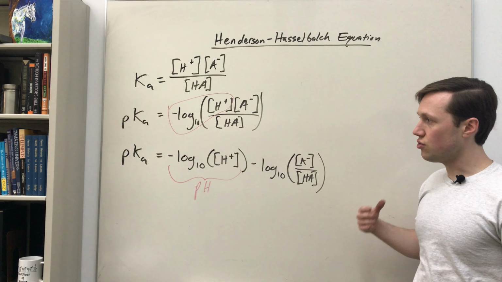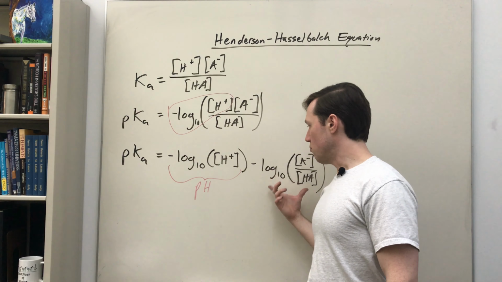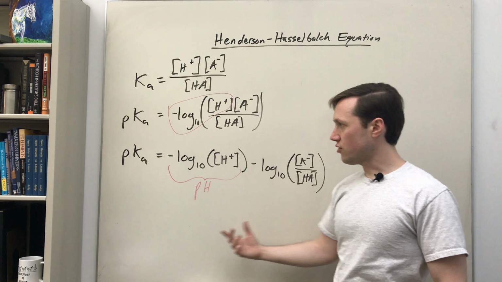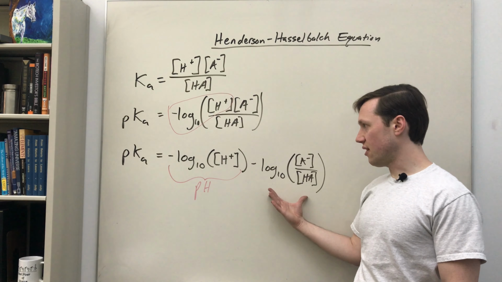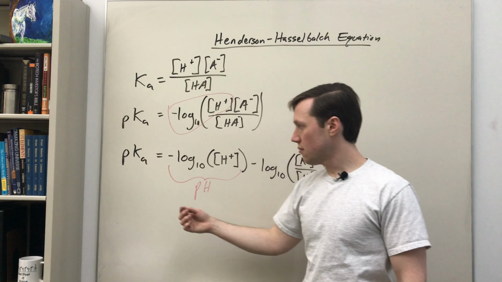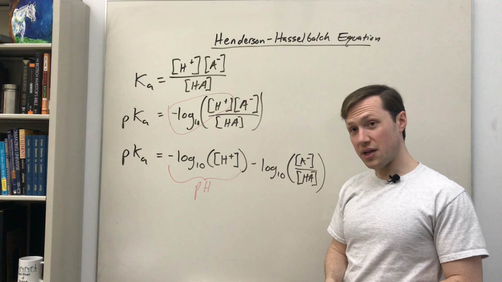We can do one more thing. If we were to move this component over to the other side, it's negative, so we would want to add this to each side of the equation. The result would be the following.